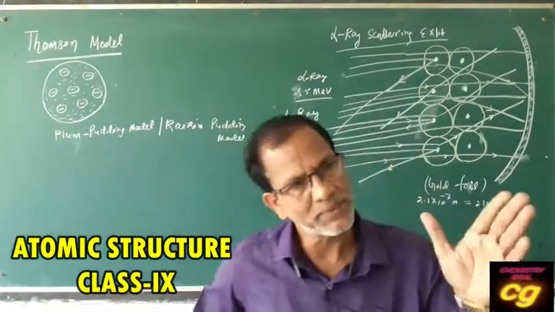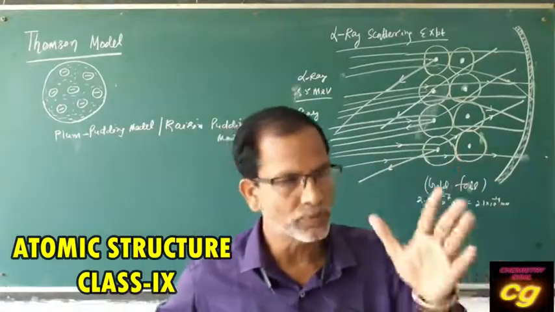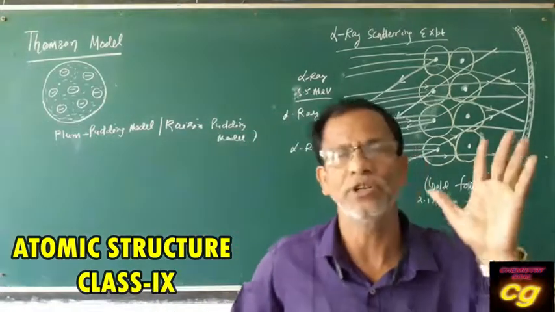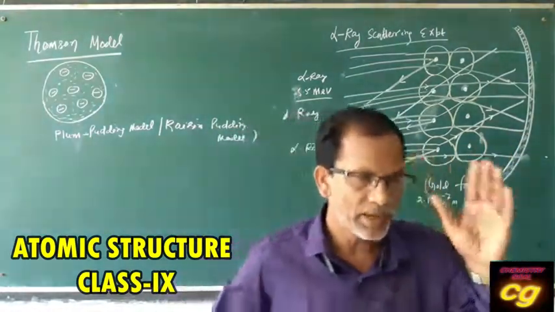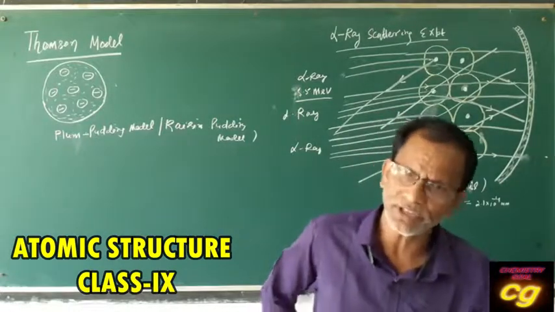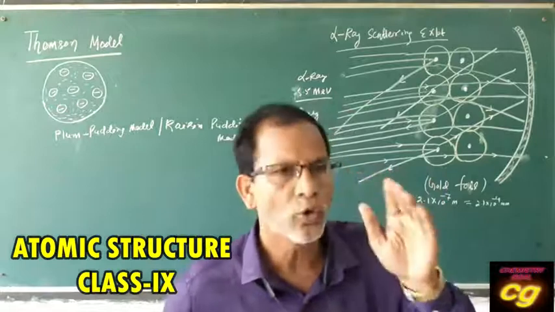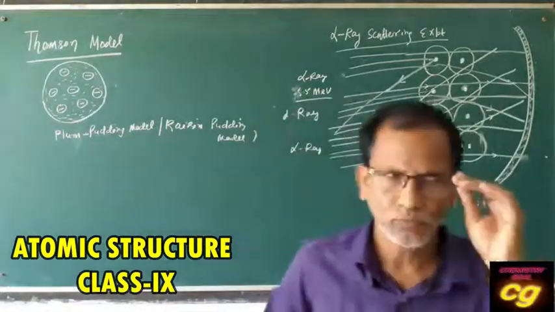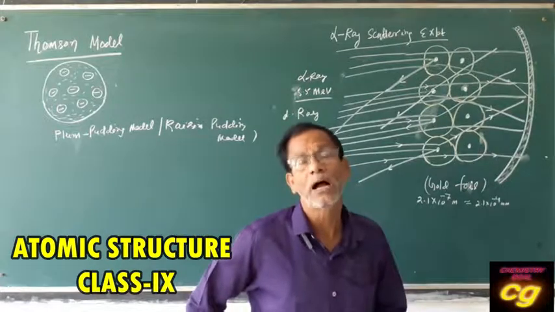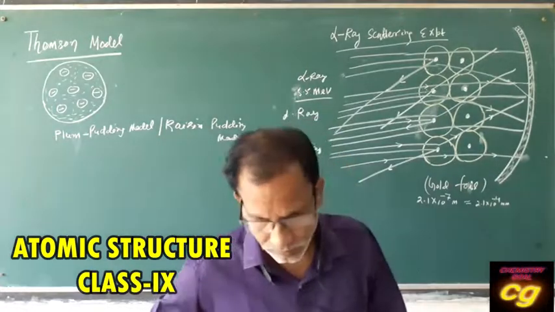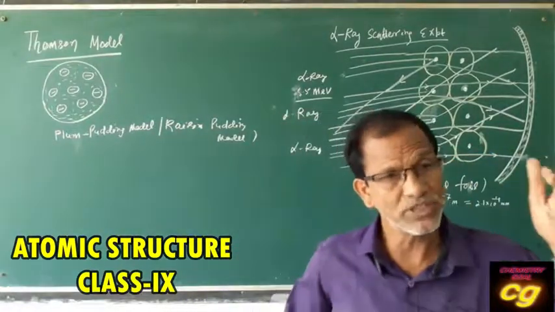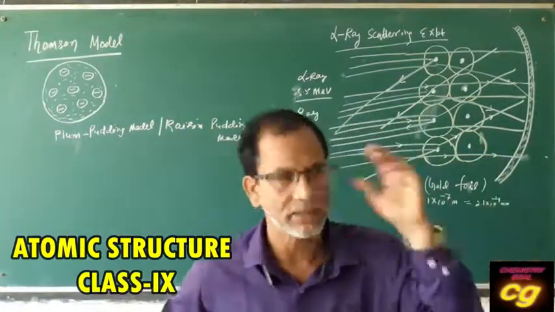But it is experimentally also proved that they have some fixed position inside the atom. It may be very small, but it has some fixed position. So, for this idea, we have to discuss some atomic models. What is the construction of the atom? What are the positions of particles inside the atom?